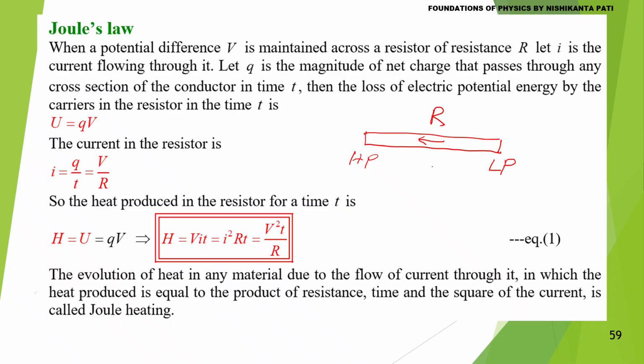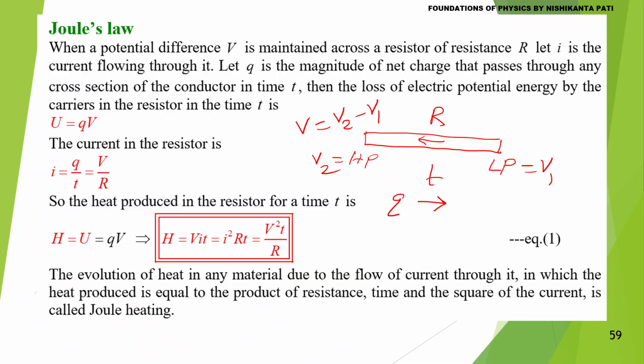Let in time t, charge q flow this way. This q is the positive charge. So I equals Q by t, I equals V by R. V means V2 minus V1. V2 is the high potential, V1 is the low potential.